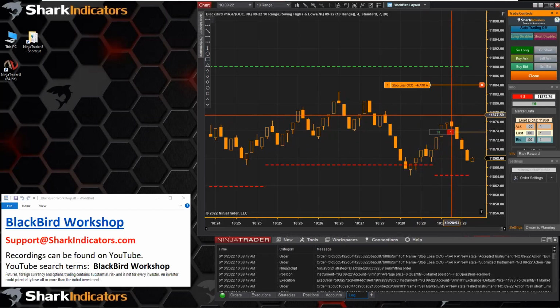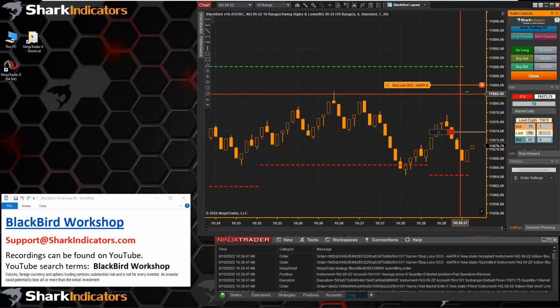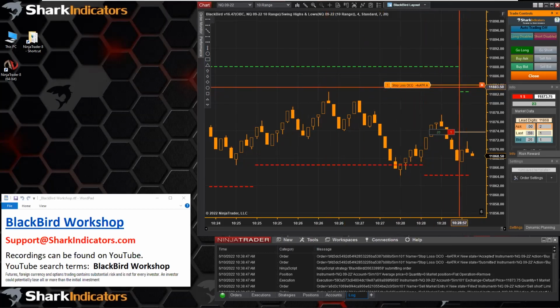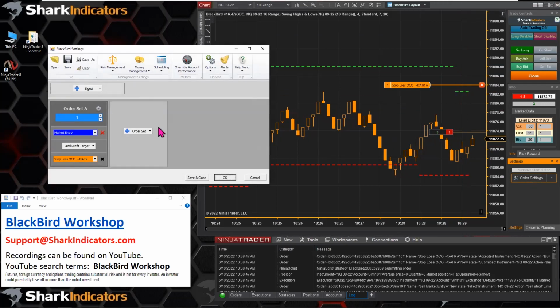Hey, there we go. Looks like we're going to get a swing high developing right there. And, oh, there it is. Okay, so the swing high did move lower, but you notice how our stop loss didn't move, and that's because of that repeat rule here. It didn't actually move down.